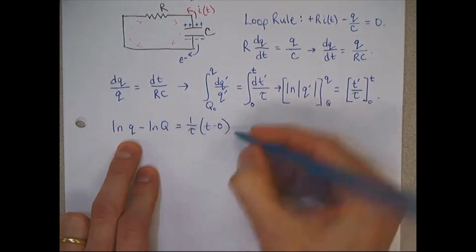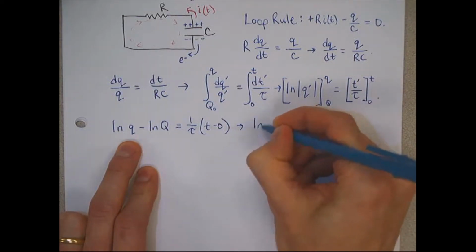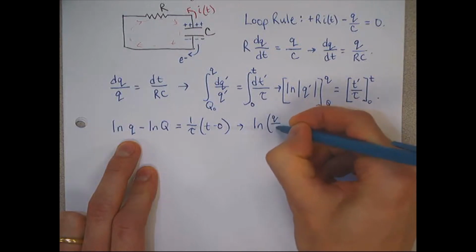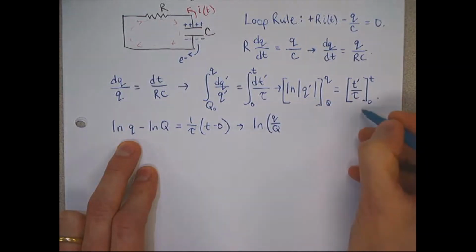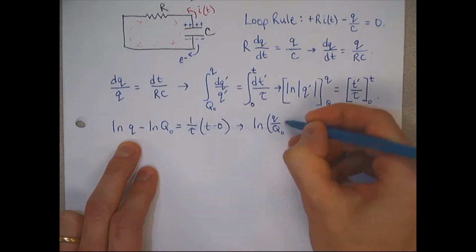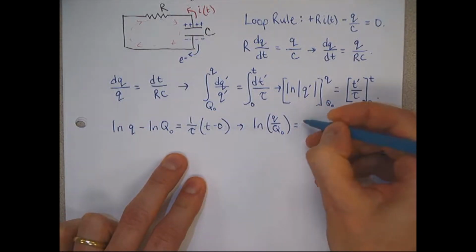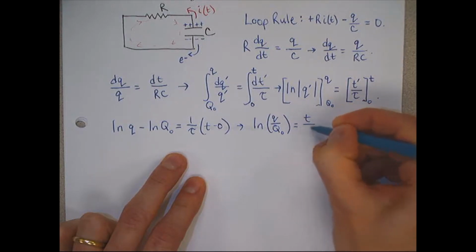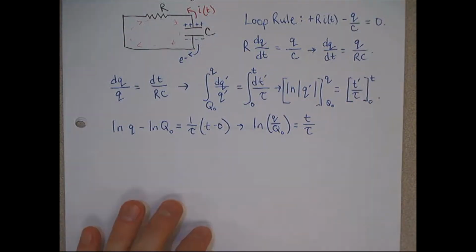This is just the log of the quotient, q over Q0, equals t over tau.